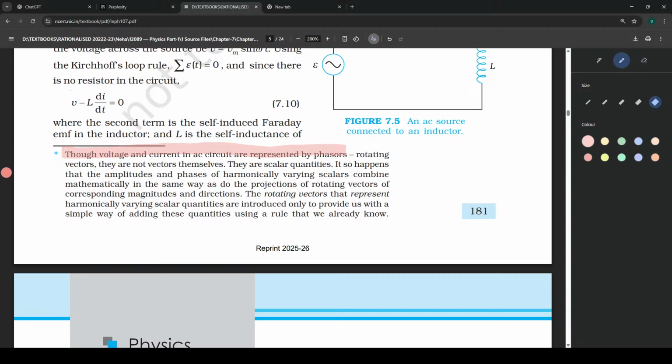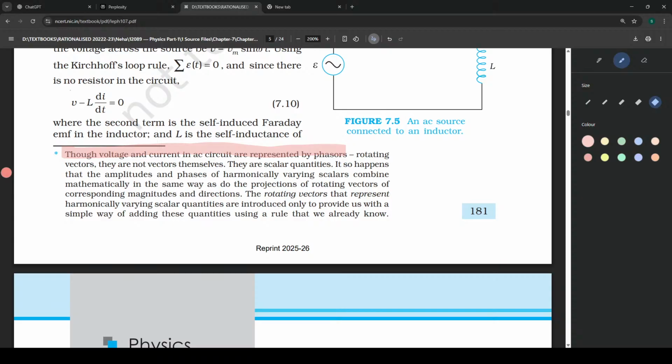So basically, we are not changing the essence of voltage and current into vectors. They are still scalar. Basically, what we are representing through a phasor is the changing in magnitude of a scalar quantity. The continuous changing in magnitude of a scalar quantity is being represented as a phasor diagram.